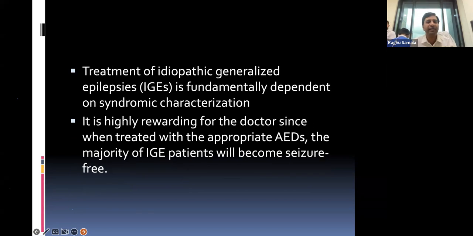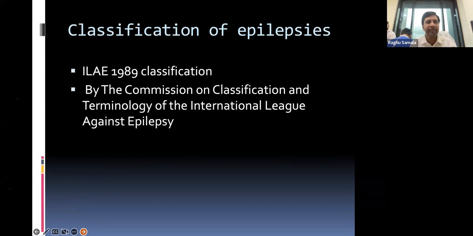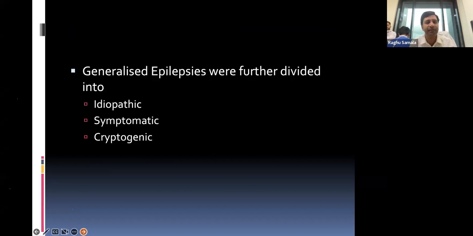The treatment of IGEs is fundamentally dependent on syndromic characterization. It is highly rewarding for the doctor since, when treated with the appropriate anti-epileptic drug, the majority of patients will become seizure-free. In the ILAE 1989 classification, they divided the generalized epilepsies into idiopathic, symptomatic, and cryptogenic.